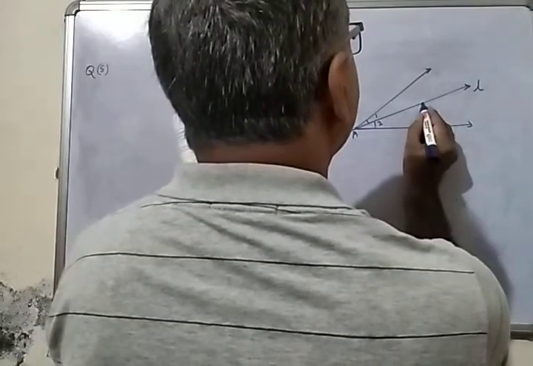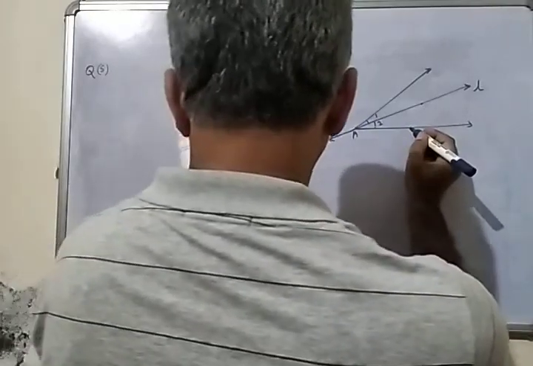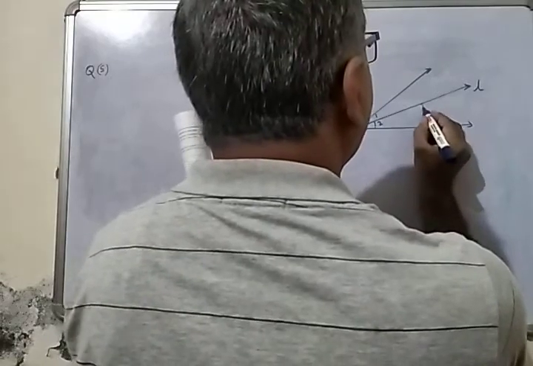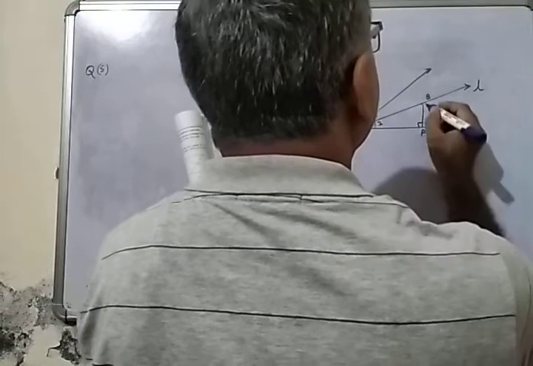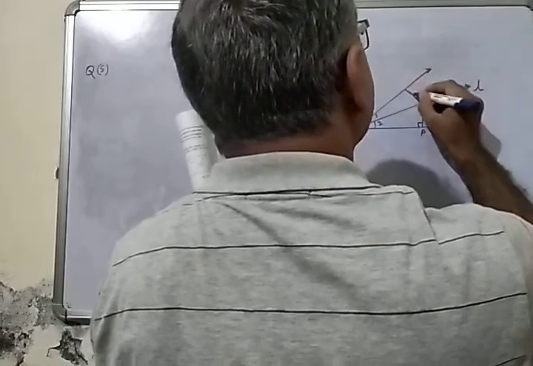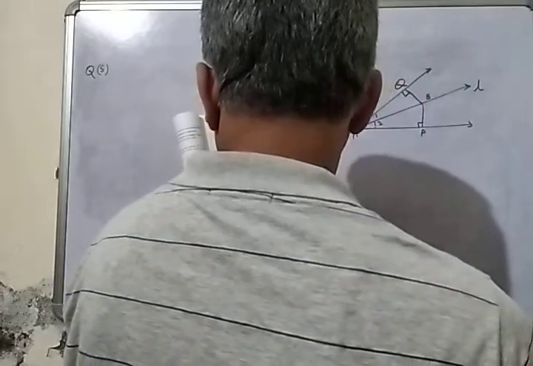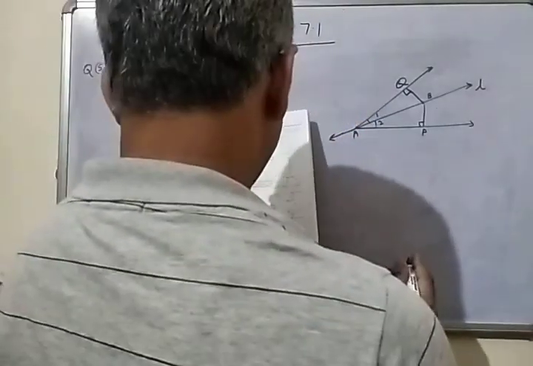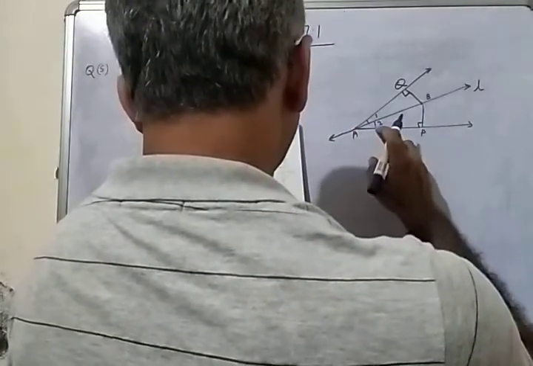Here is another point B, and from B perpendiculars BP and BQ are drawn. Show that triangle APB is congruent to triangle AQB.